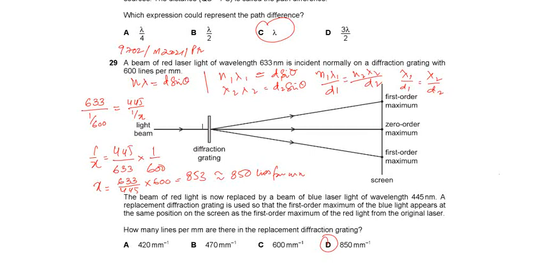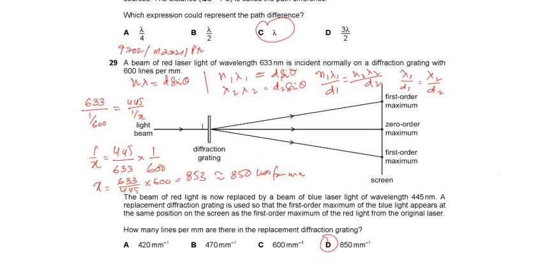First of all, we know the formula of the diffraction grating: n lambda equals d sine theta. d is the slit separation, n is the order of maxima, lambda is the wavelength, and theta is the angle of the order of maxima.